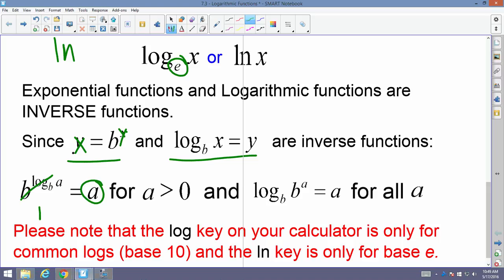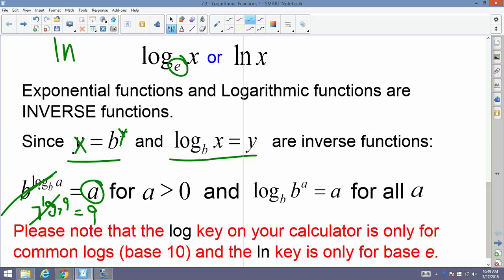So if I saw 7 raised to the log base 7 of 9, these guys go bye-bye, and my answer will equal 9. So when I raise a base to the log of that particular base, it cancels.